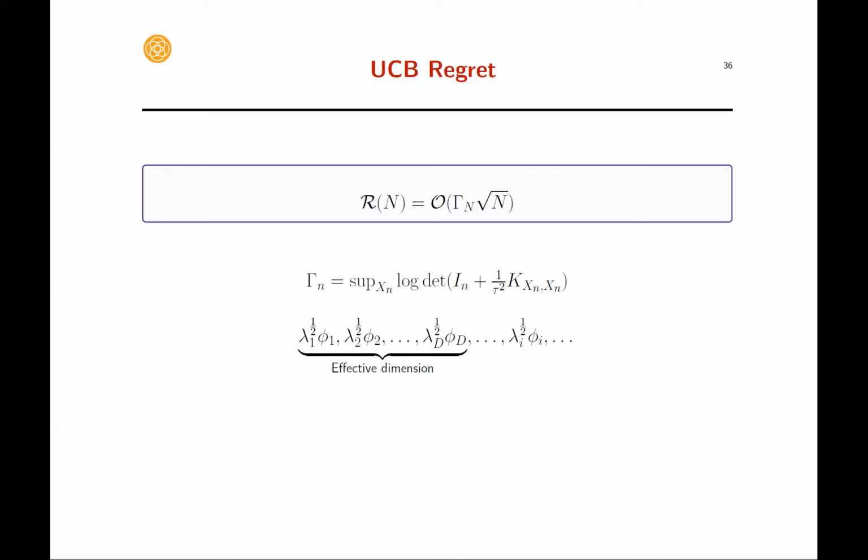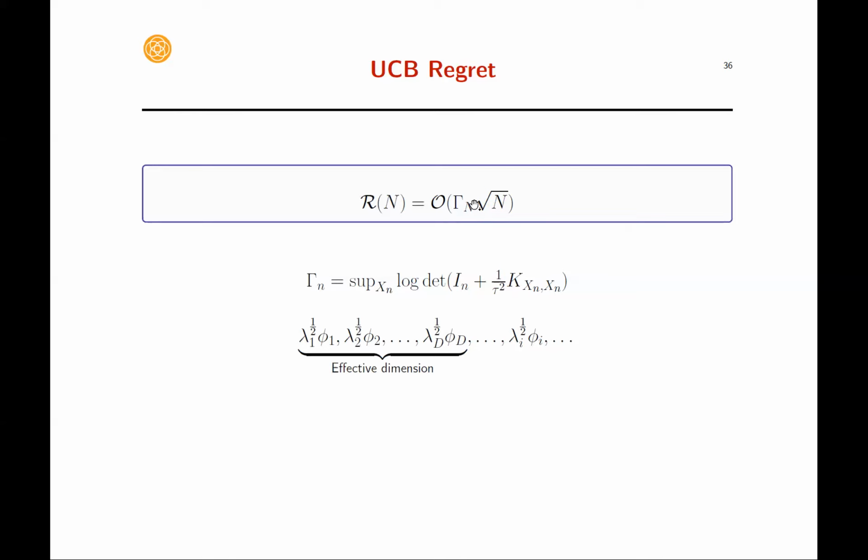Only a finite number of features can have a significant effect. This is very intuitive, very hand-wavy. I'm not being mathematically precise, but the point is there is going to be an effective dimension of this infinite dimensional feature space for a finite amount of data. And this effective dimension is basically gamma n up to logarithmic factors.